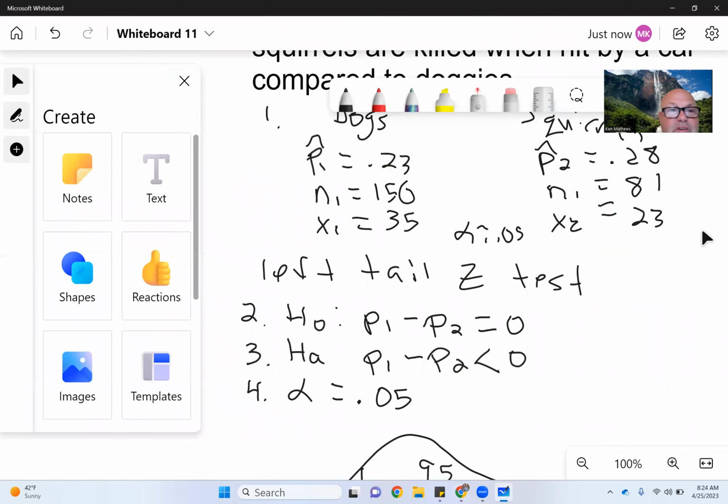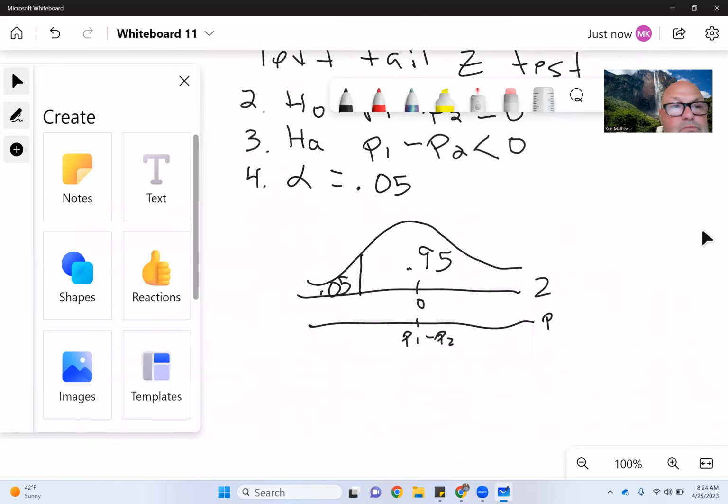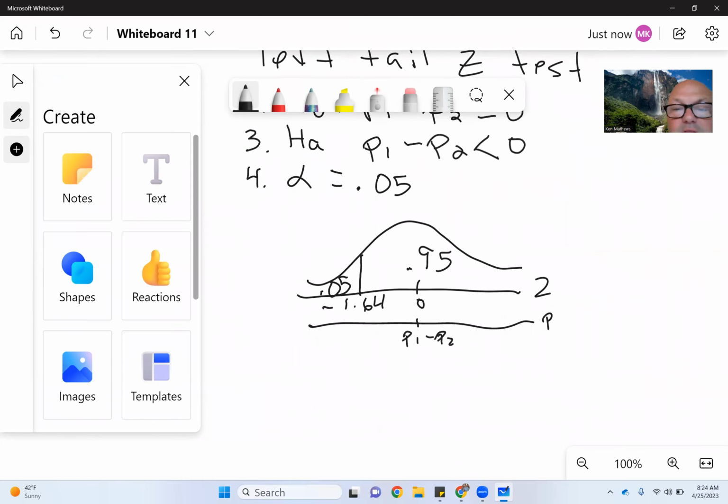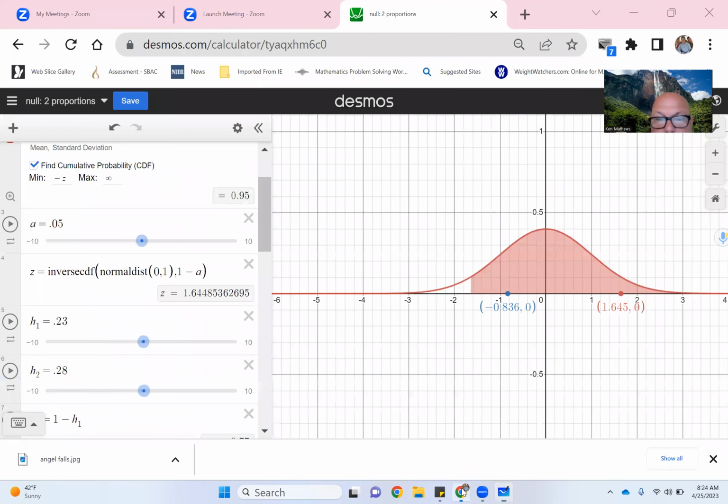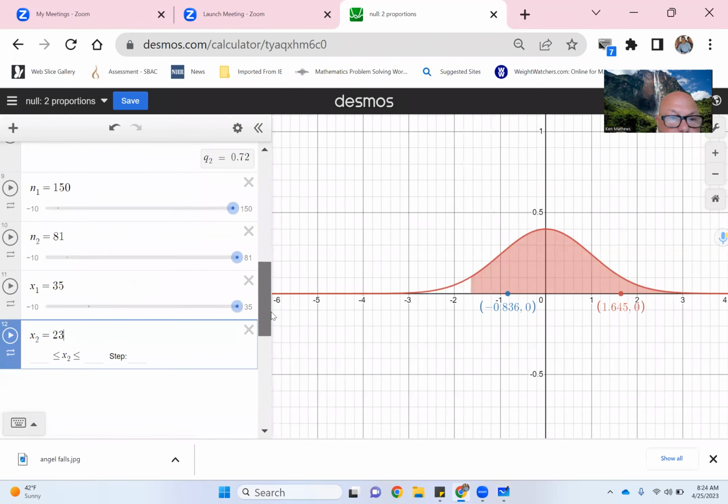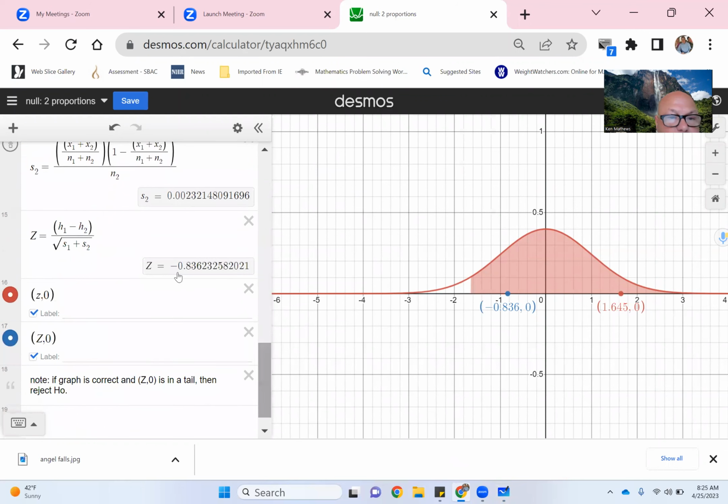So our critical z value is negative 1.64. And our test statistic z, let's go back and look. Here it is, negative 0.84.